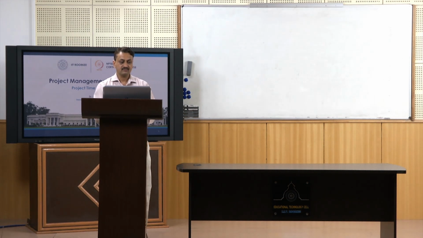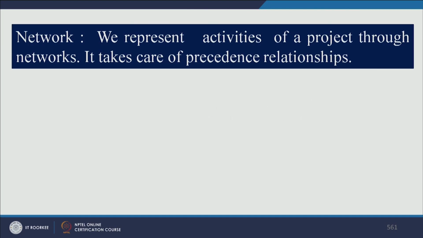So a network is nothing but a collection of different arcs and nodes in a project. We will draw a project, or different activities, using a network. So a network will represent a project at the end of the day.